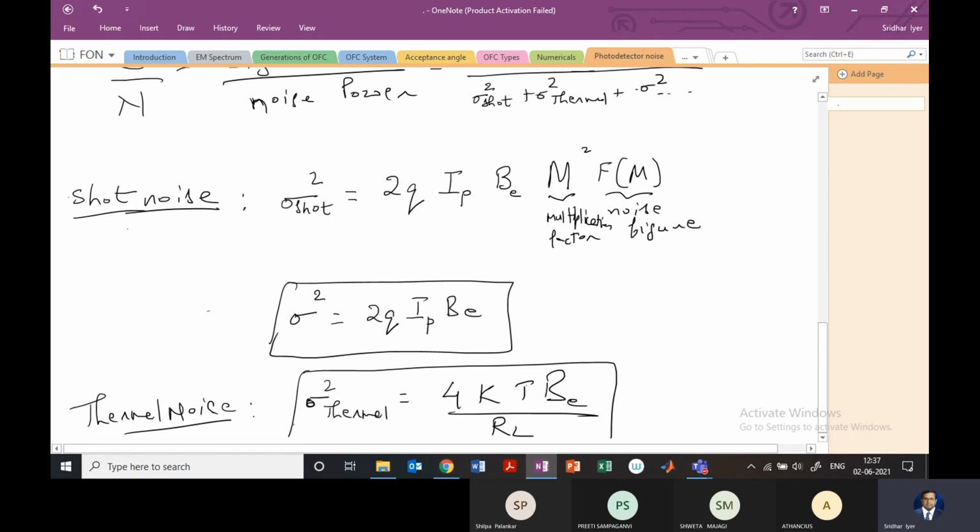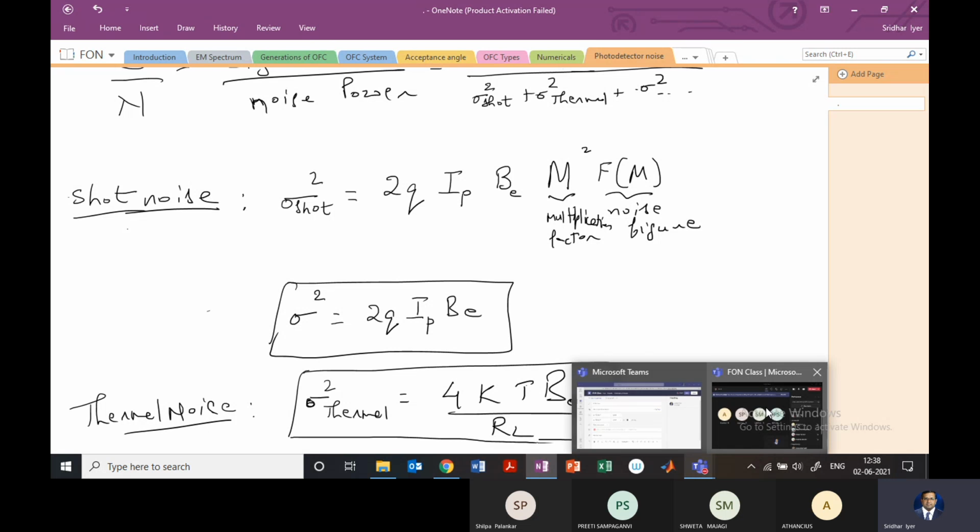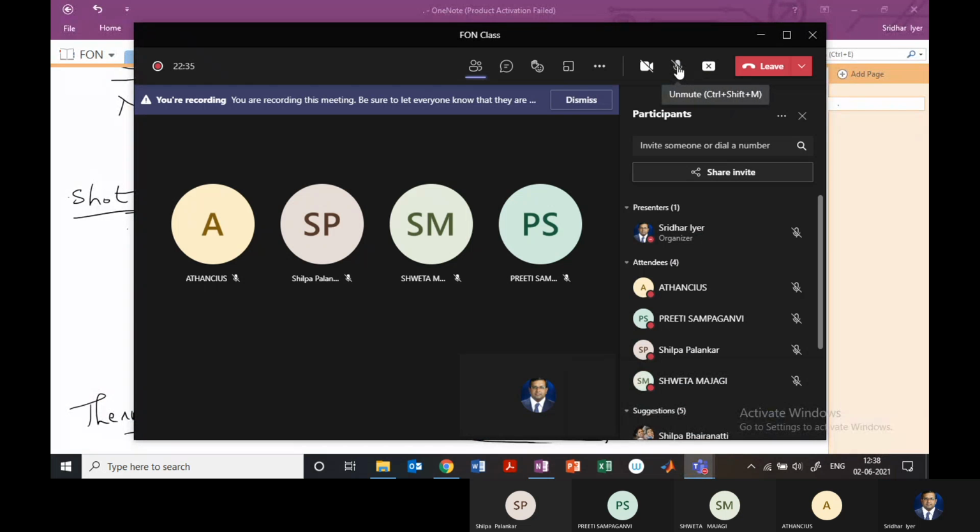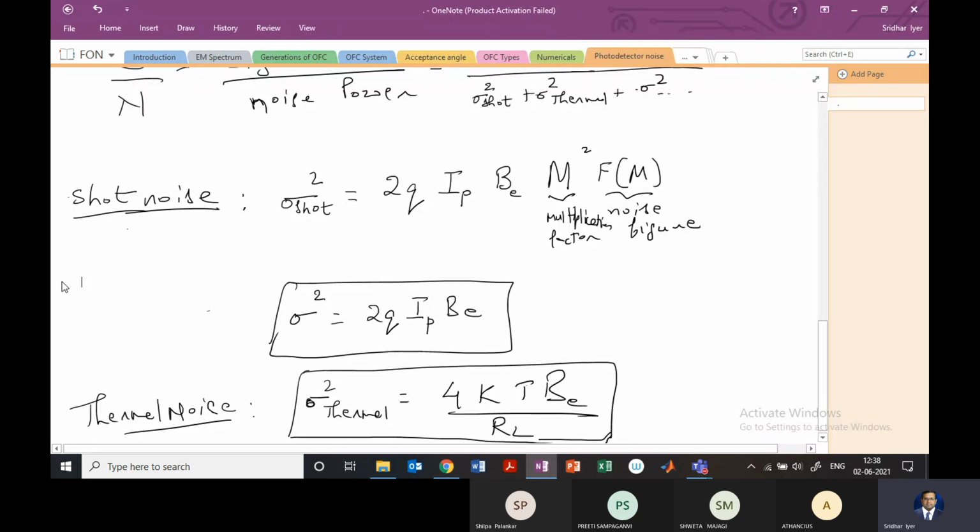So sigma square thermal is dependent on the load resistance which we use in the circuit. That R_L there is the load resistance which we would use in the receiver circuit. k is the Boltzmann's constant.